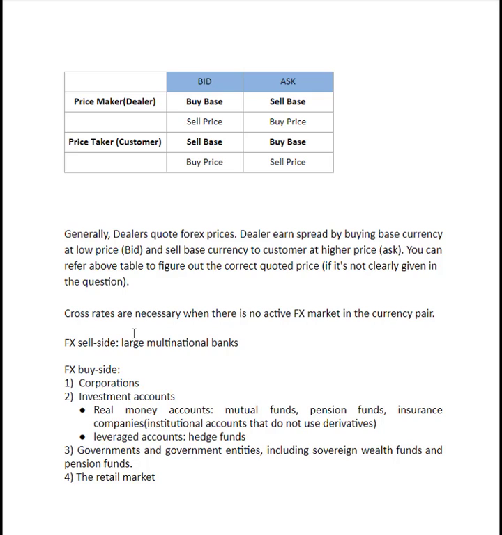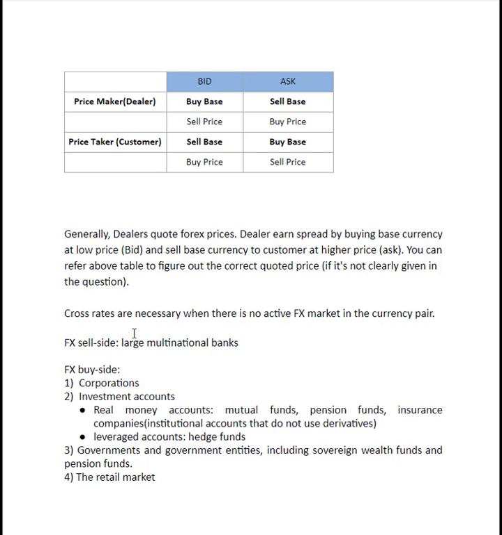They are speculators, they have a view about what this currency will be after 3 months and 6 months, say. So they trade, and they try to make profit by buying the currency at lower price and selling at a higher price. So those are sell side parties.